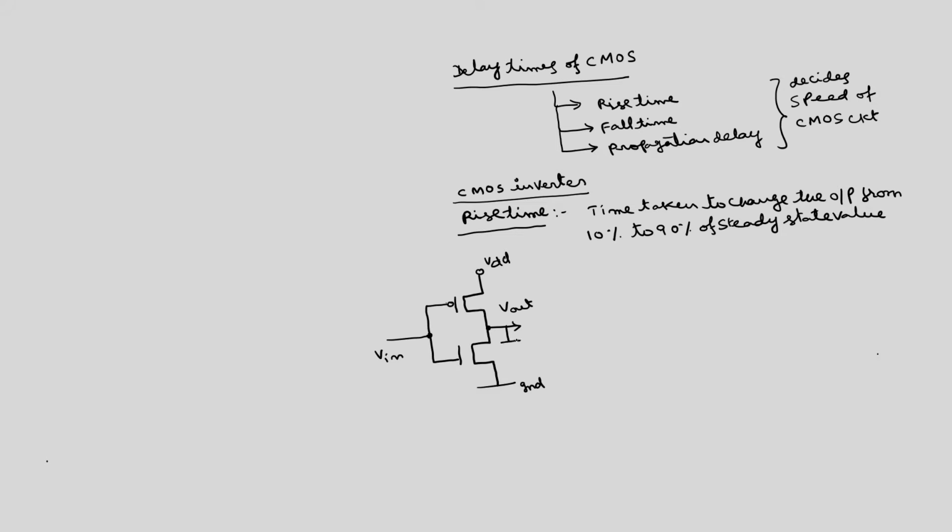Let us assume that here we have some CL. So, Vout is a function of time, I will write as Vout of t. In order to find the rise time, the output has to change from 10 to 90%, meaning the output has to change from logic 0 to logic 1.